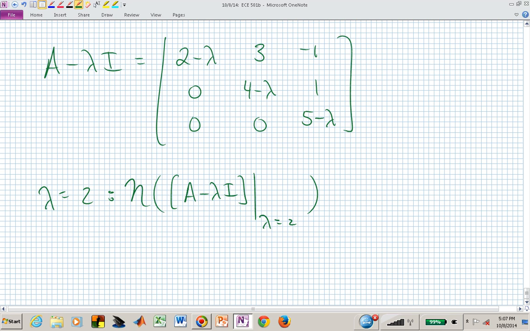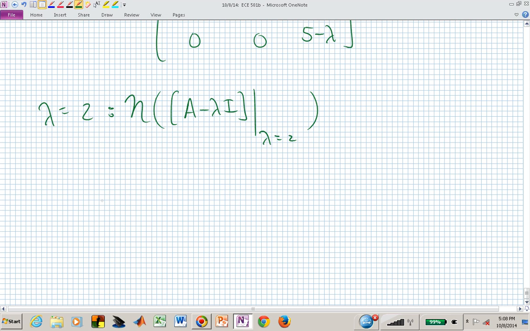If we now evaluate this A minus lambda I matrix for one of the eigenvalues, which in this case, let's look at lambda equal to 2, now we have the following matrix. Plugging that in, we have 0, 0, 0 in the first column. In the middle column, we have 3, then we have 4 minus 2, or 2 and 0. And in the third column, we have minus 1, 1, and 5 minus 2, or 3.